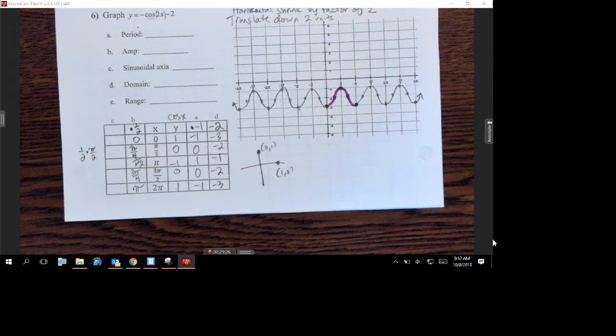Once I get my first cycle graphed, then I just continue the pattern and graph the rest of it all the way off the graph.